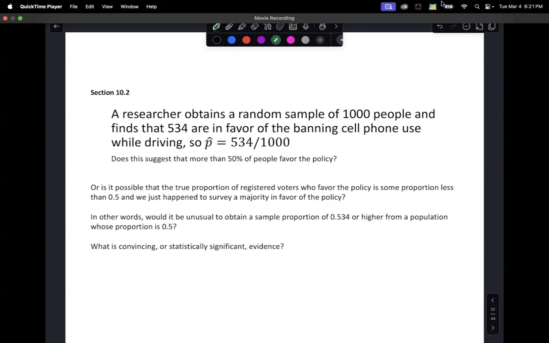And did we just happen to get a survey that the majority favored the policy? Or is it statistically significant? Is this number far enough away from 50% that we could say that it's definitely not 50%? That's what we're trying to figure out. Is 53.4% too far away from 50% for 50% to be true? That's what we're looking for.